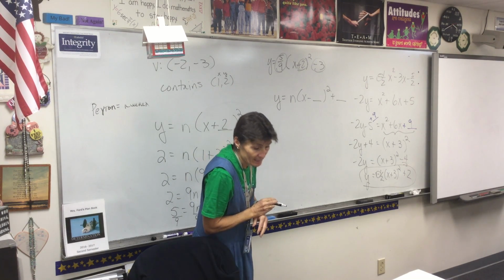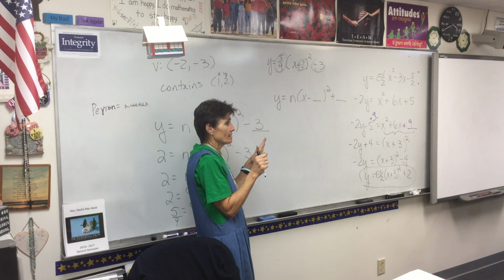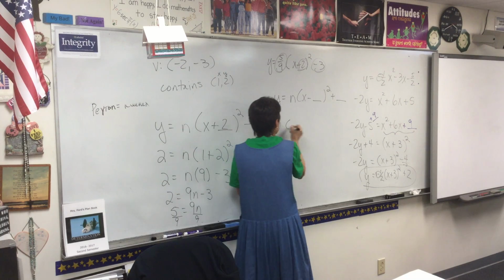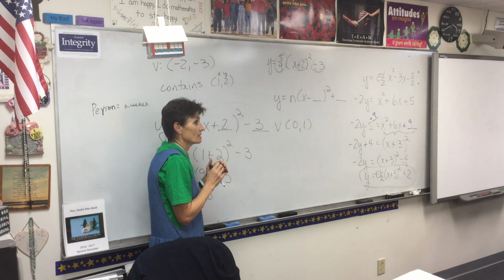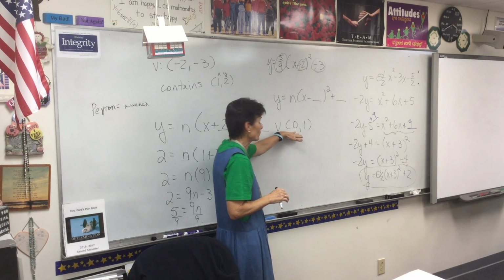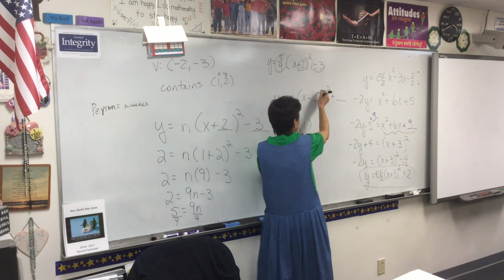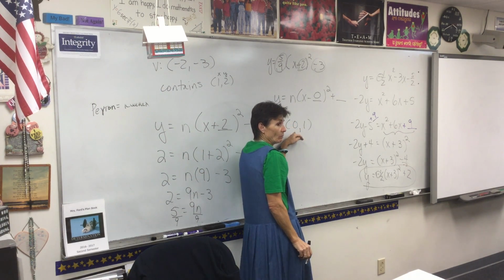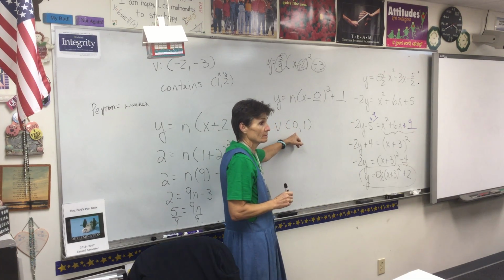I'm on problem B. The happy news is that I know my vertex. So what does that tell me in terms of the equation here? If the vertex is 0, 1, this is a 0, and this is a 1.